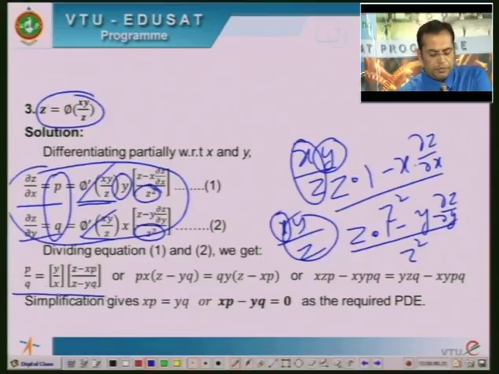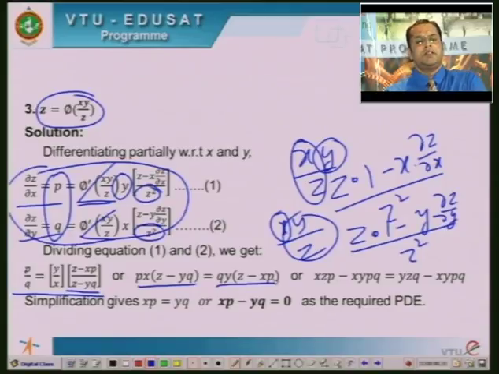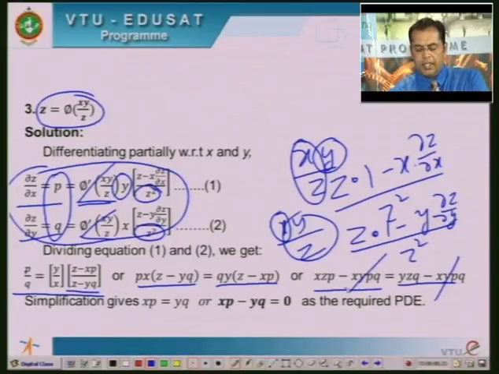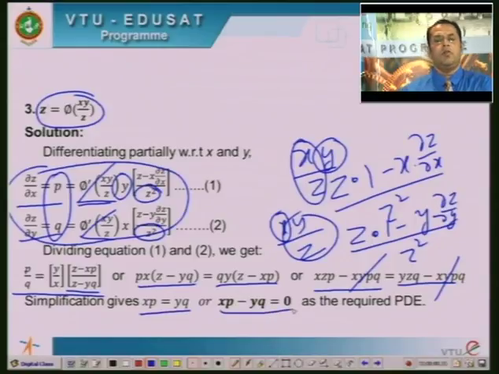Cross multiply: px into z minus yq is equal to qy into z minus xp, or xzp minus xypq is equal to yzq minus xypq. Cancel xypq and remove the common factor z on both sides to give xp equal to yq, or xp minus yq equal to 0 is the required PDE.